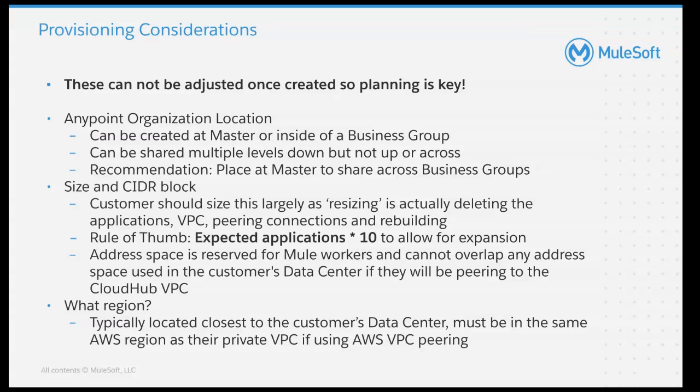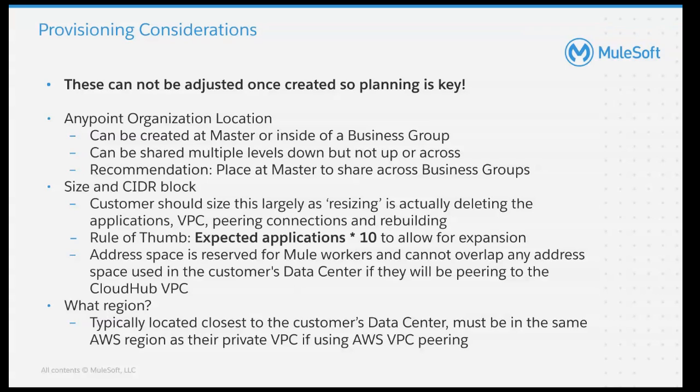So usually the rule of thumb is, if you are deploying 40 applications in a couple of years in Mule production, then make sure that the VPC has at least 400 IP addresses. We have different CIDR blocks. It can range from /21, /22, /23 to the biggest CIDR block that we have, which is /16. So make sure that you have enough IP addresses when you're sizing your VPC.